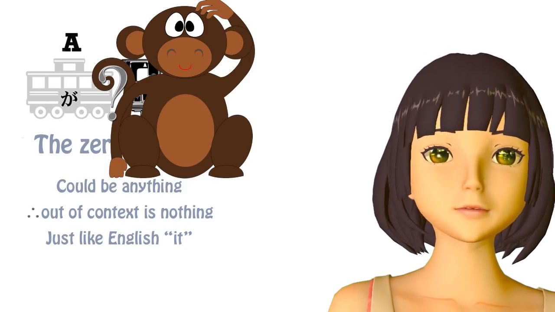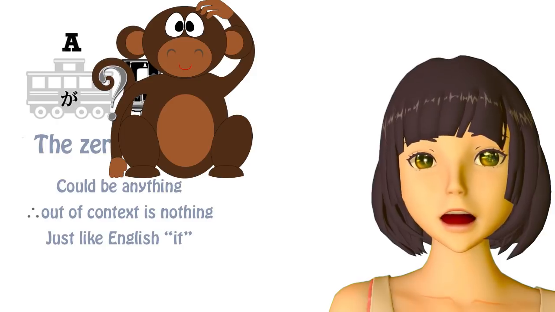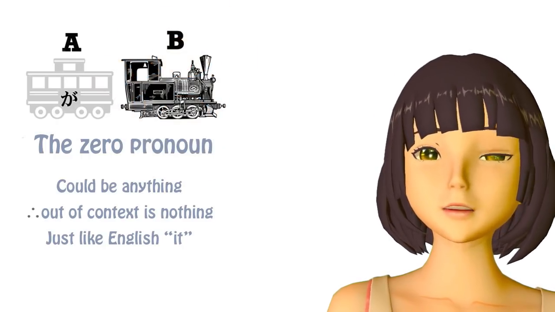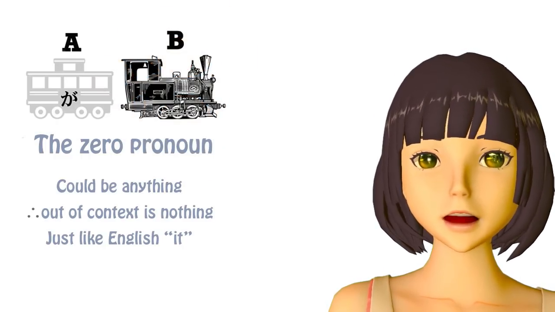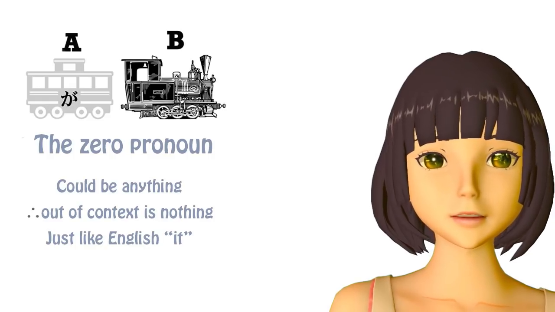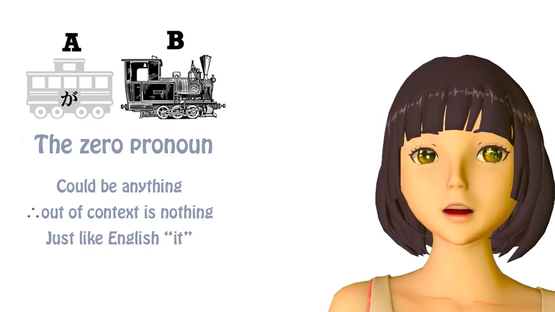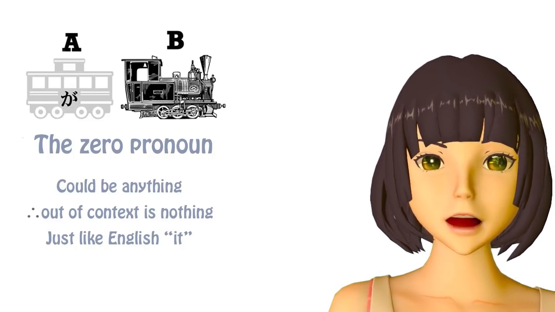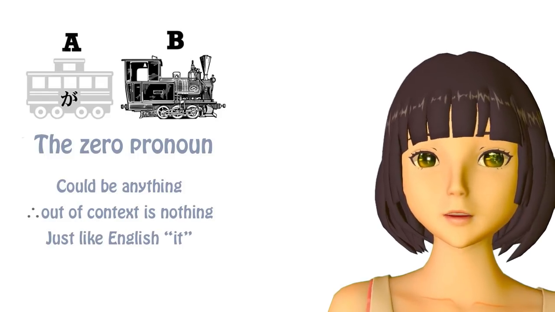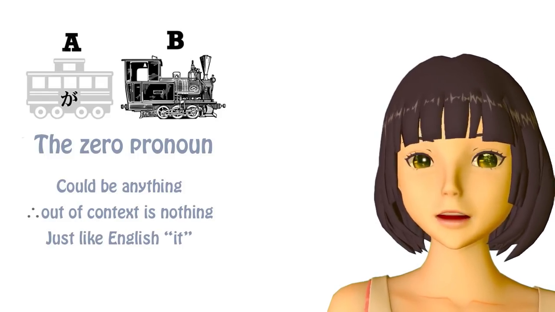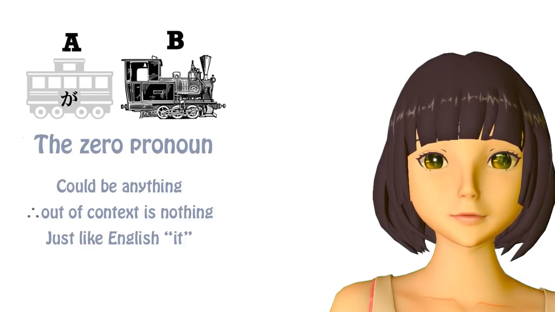And even if they don't, it could be an imaginary chimpanzee's tail. The point is that because it can mean just about everything, it actually means nothing except in context. And that's exactly how the zero pronoun works. And one is no more ambiguous than the other.